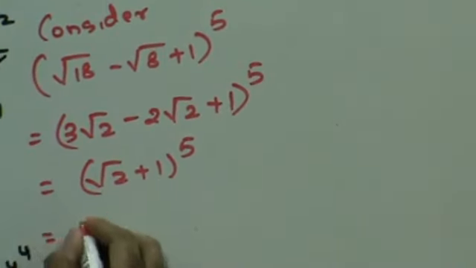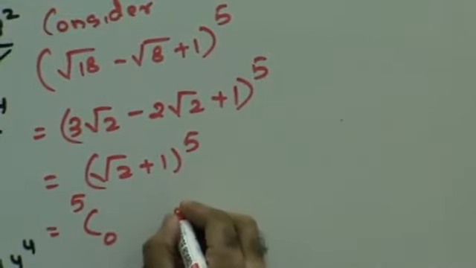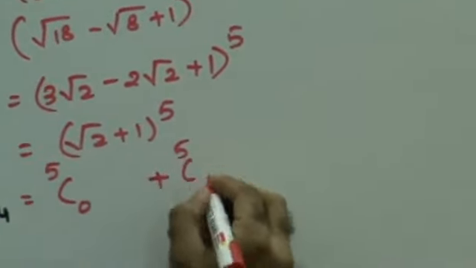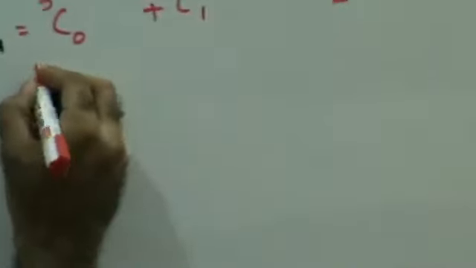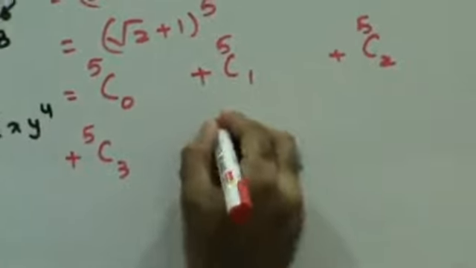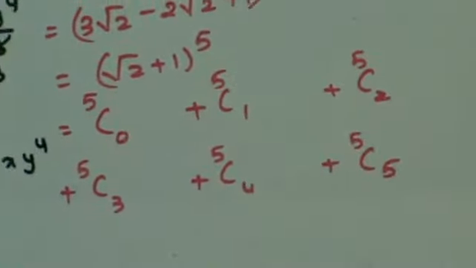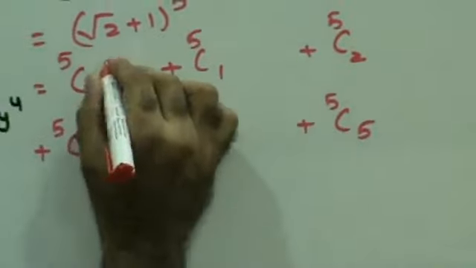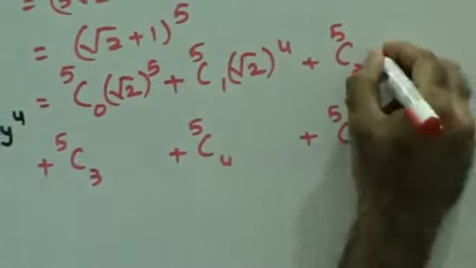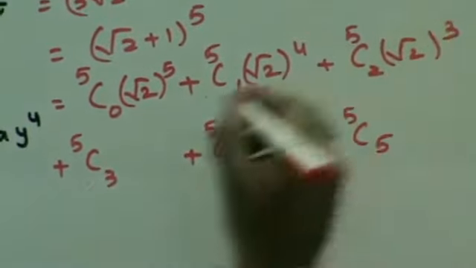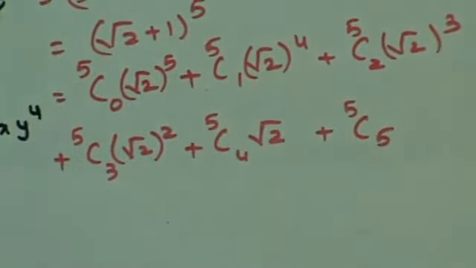This now can be written as C5 of 0, binomial expansion, plus C5 of 1 plus C5 of 2 plus C5 of 3 plus C5 of 4 plus C5 of 5. This is going to be root 2 raised to 5, root 2 raised to 4, root 2 raised to 3, root 2 square and root 2.